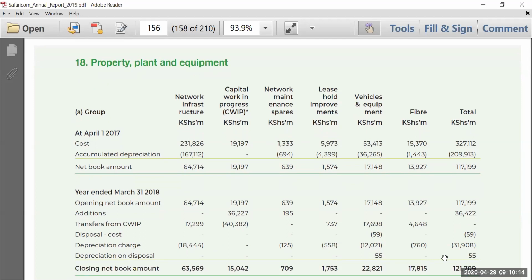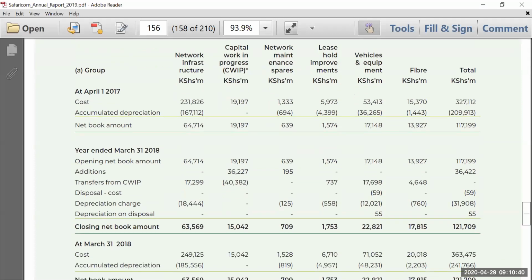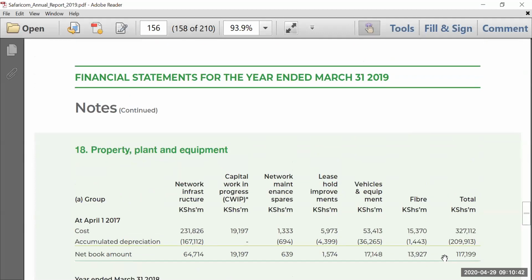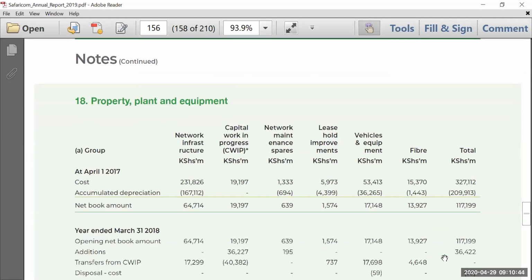So essentially, this disclosure needs to be very explicit, so that every single person who goes through these accounts can understand what happened during the year. That is what you ought to see as an auditor on the side of the client, that they have made the relevant disclosure, and this is going to appear in the notes to the financial statements of the company.